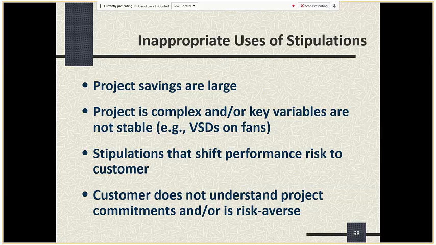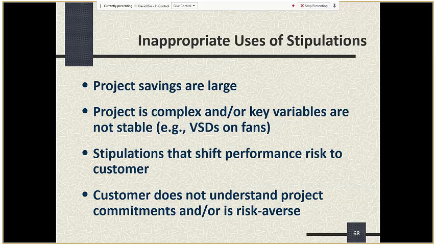So some inappropriate uses of stipulations are when the project savings are really large, or the performance of the ECM is very complicated, or key variables are not stable, like the runtime on a fan, or it shifts a lot of performance risk to the customer that the customer is not able to readily manage, or if the customer simply doesn't understand the project commitment to that stipulation and what it implies economically, or they're averse to taking the risk of using a particular engineering estimate. Those are cases where you would not want to use stipulation.